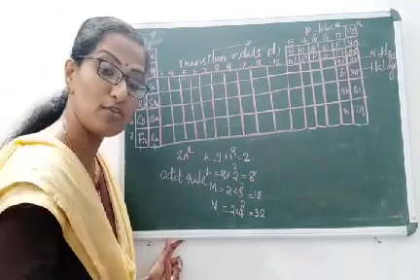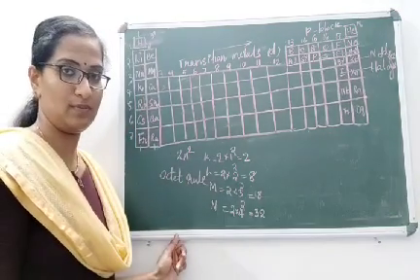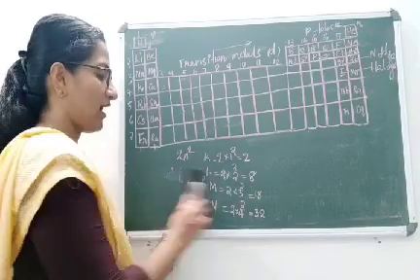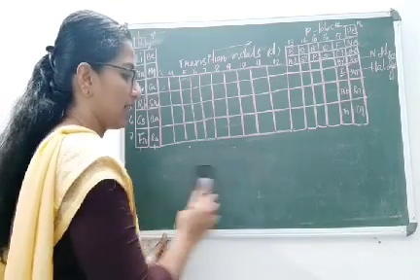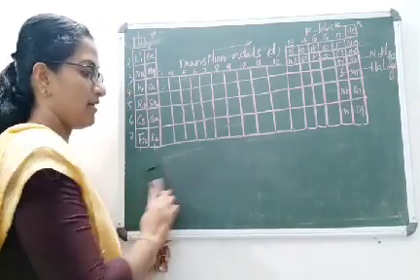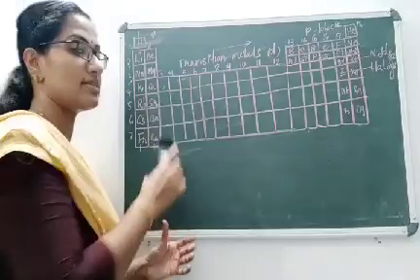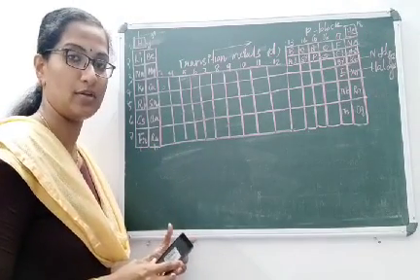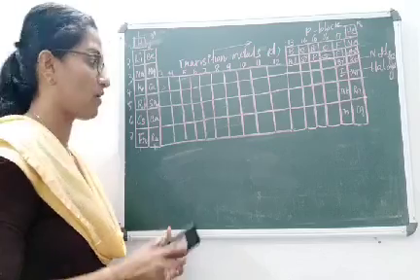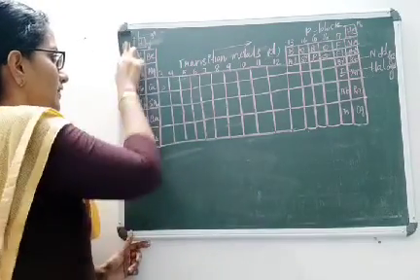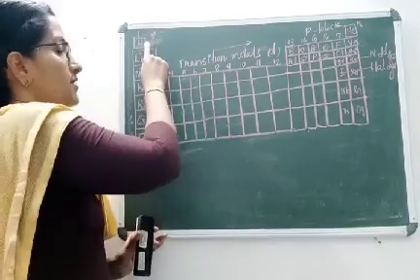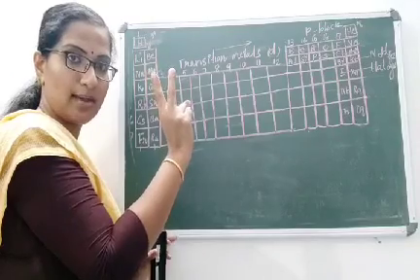So in order to follow the octet rule, we can classify how many elements there are according to the Bohr-Bury rule. According to the Bohr-Bury rule, the first shell has a maximum of 2 electrons, right?